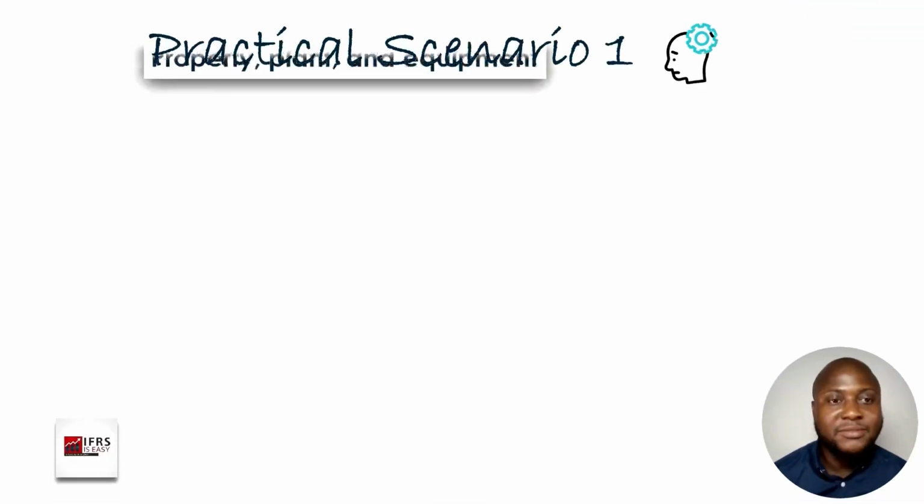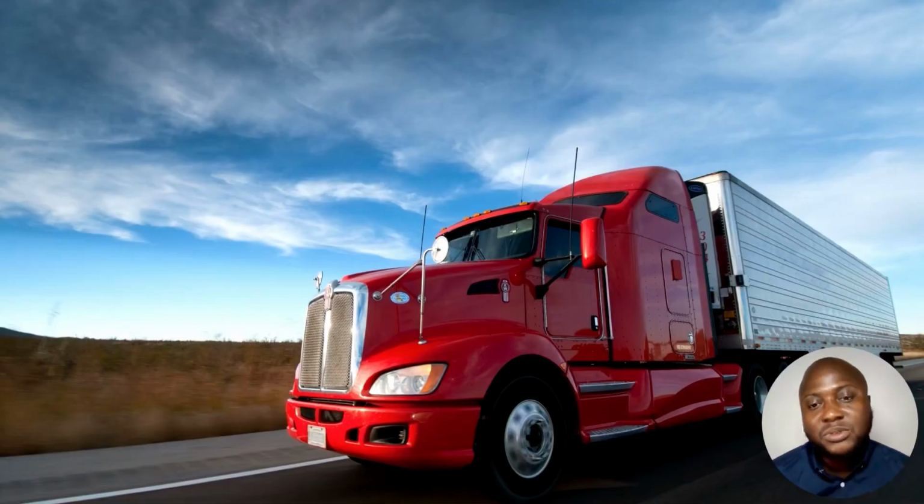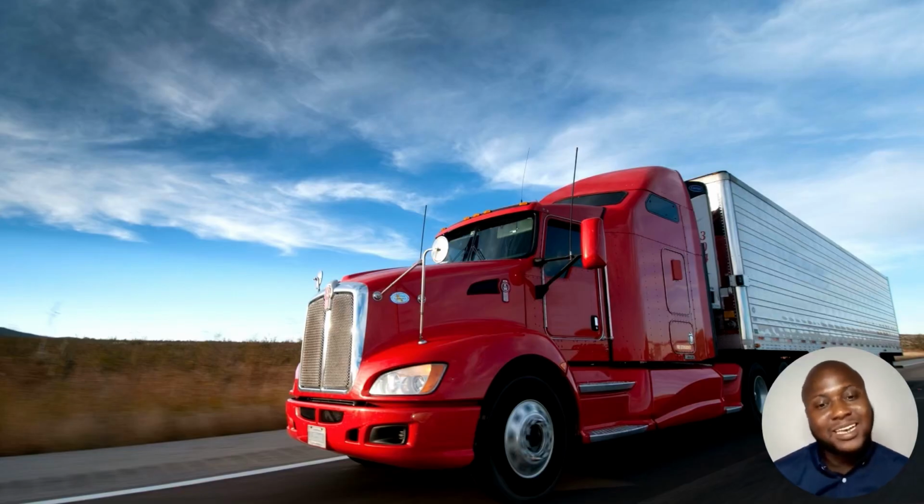So we do have property, plant, and equipment. Property, plant, and equipment basically talks about the non-current assets, fixed assets that you have in your business that you use in the process of production. One of the examples when it comes to PPE is a motor vehicle. If you have a truck that delivers your goods to customers, the truck itself does not give you cash.